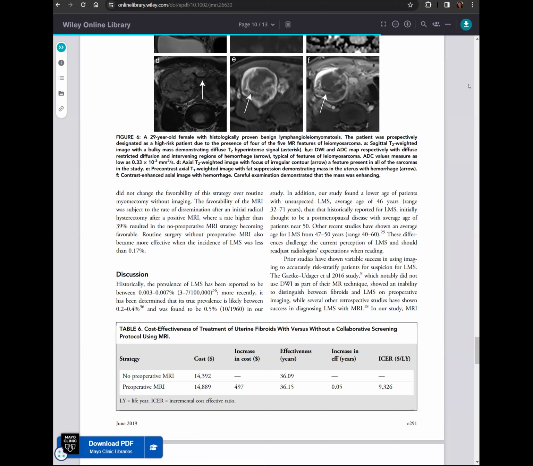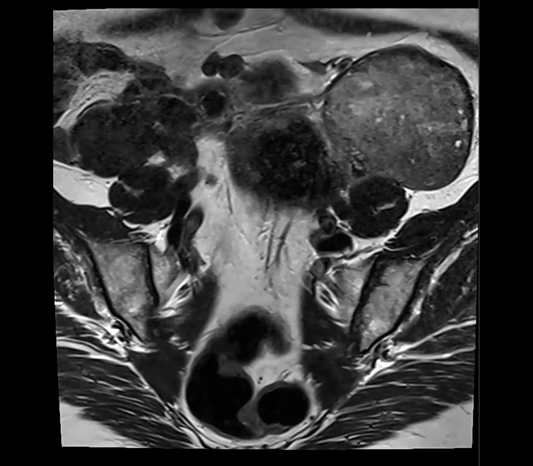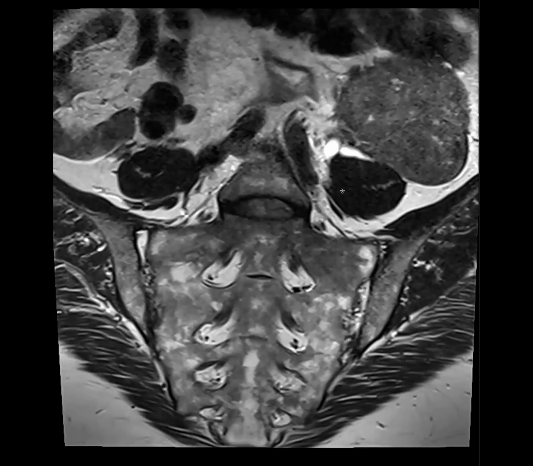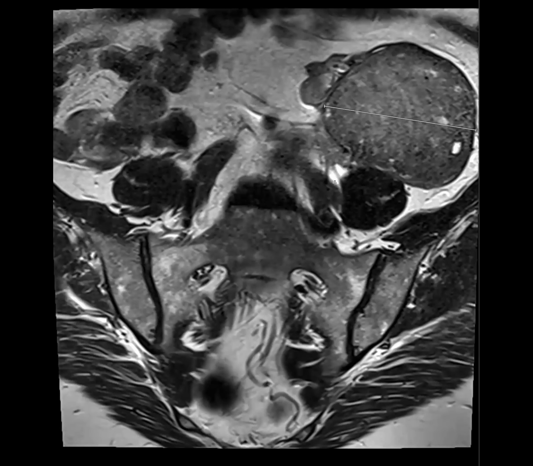But on this case, this has smooth margins, right? I don't know about the homogeneity, but certainly smooth margin, and that would be more characteristic of a benign lesion compared to a sarcoma.